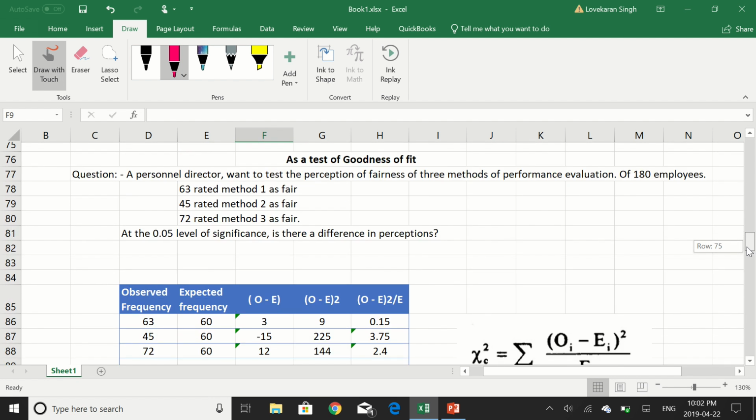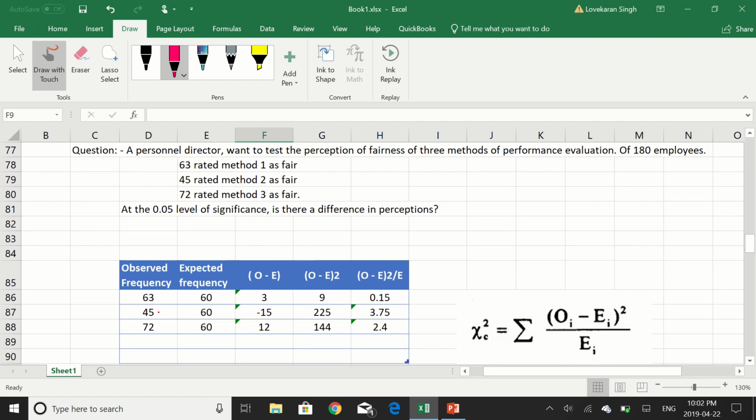As the data is given, the observed frequencies are 63, 45 and 72.